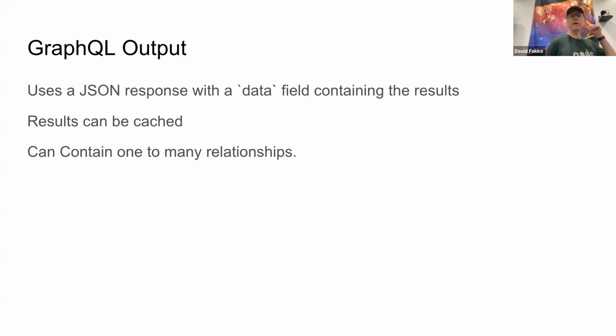And you can also contain one-to-many relationships. Anybody that's worked with SQL knows that you can join tables together and get your data back that way. But the thing that's nice about this is it formats the results you're getting back in the proper relationship.